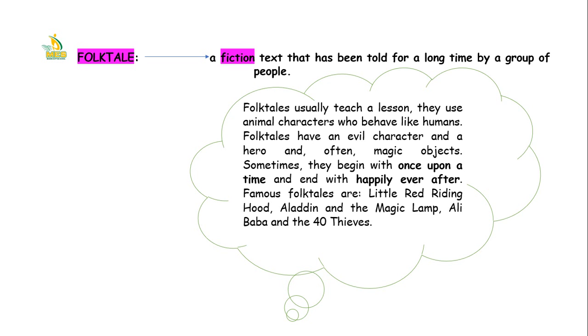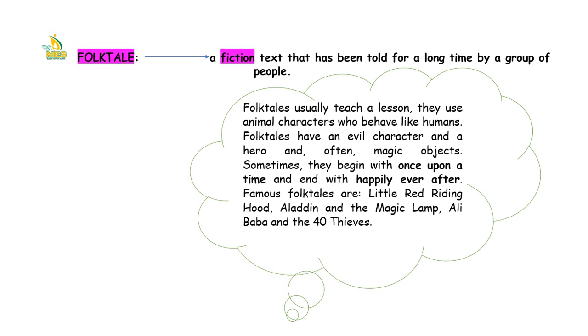Folk tales have an evil character, sometimes, not always, and a hero, and often magic objects. Sometimes they begin with once upon a time. Once upon a time. It means a long time ago. And end with happily ever after.